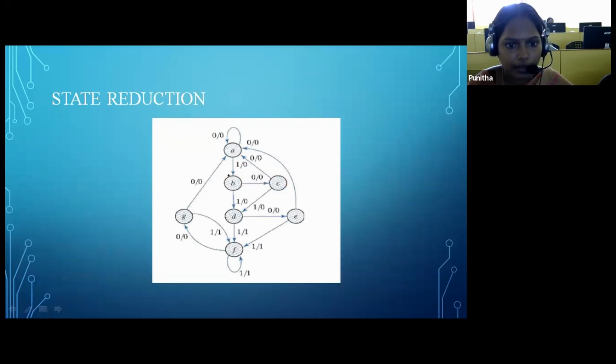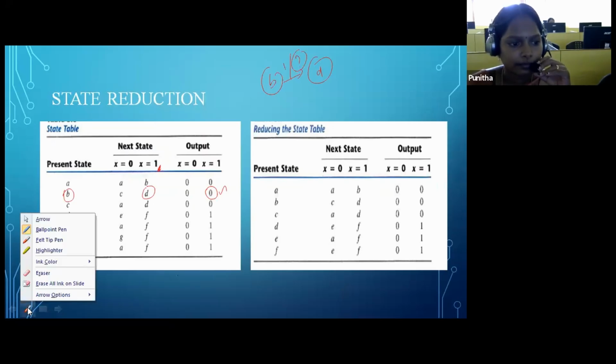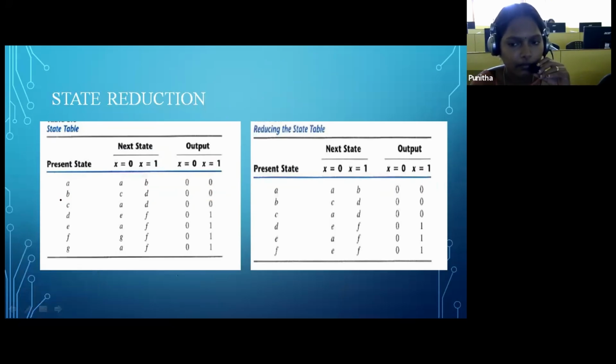This is B, this is D, and in between is the input 1. The output is 0, so I mention 0 as the output. Is it clear?